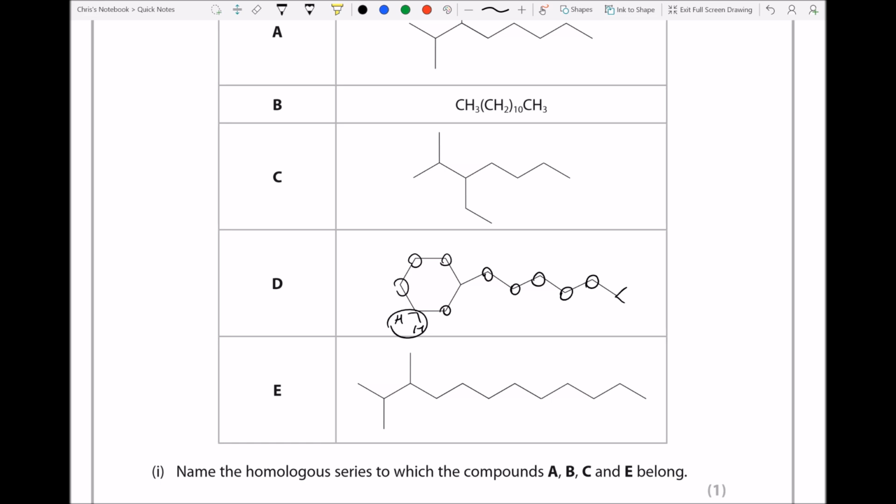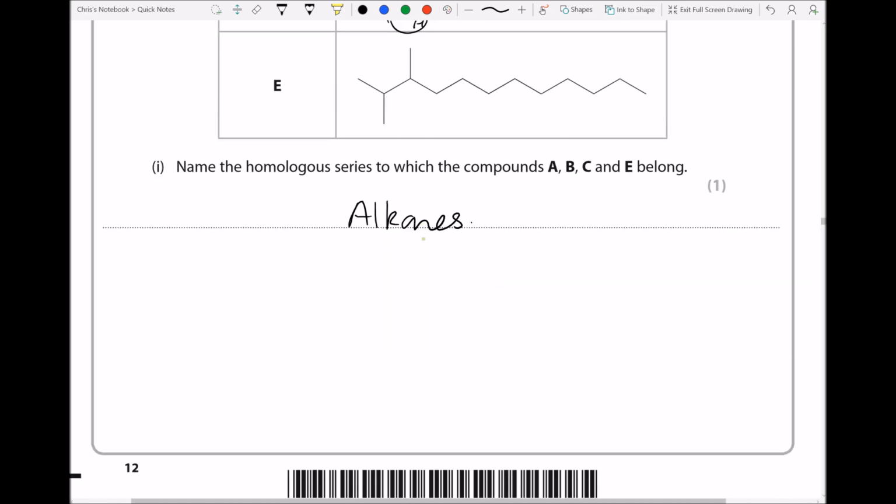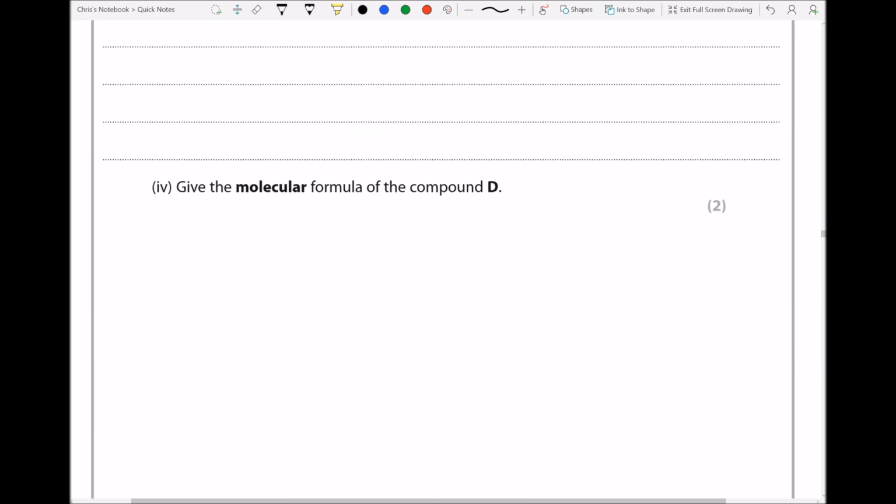We have 3 hydrogens coming off there, so that's 23. We also have 1 coming off there as well, so don't forget that one, which makes it 24. So that's C12H24. Especially with skeletal formulas, it can be quite tricky to spot, so if it helps, just draw it out as a displayed formula. You get 2 marks for that: 1 for saying C12 and the other for saying H24. So a decent number of marks for these if you know what you're doing.